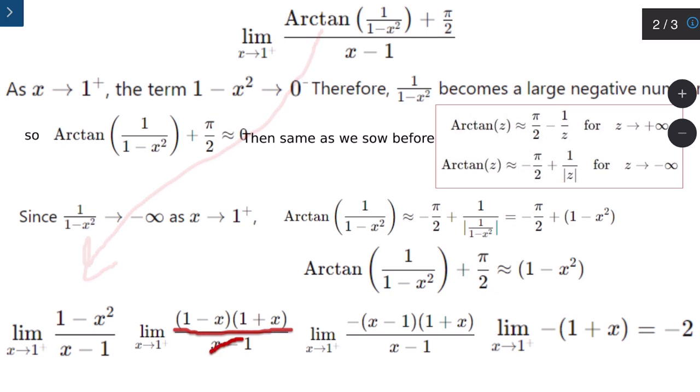And because we have x minus 1 down, we are looking to have x minus 1 up, so we just flip these two to get minus x minus 1. Now we can remove x minus 1, and we just calculate a simple regular limit of 1 plus x, which, if x goes to 1, will give us minus 2.